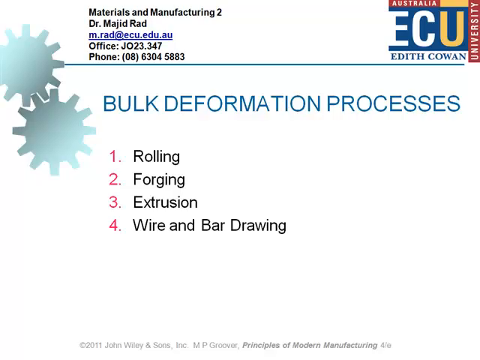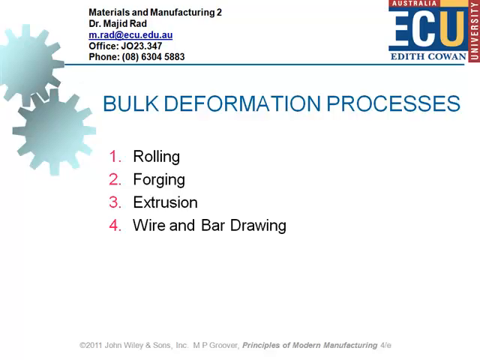By the way, in making use of these processes, we do not waste the material. What do we mean by this? We mean that we do change the shape of the material, but we do not remove material from the raw material.